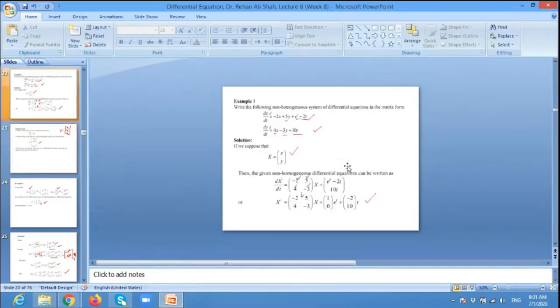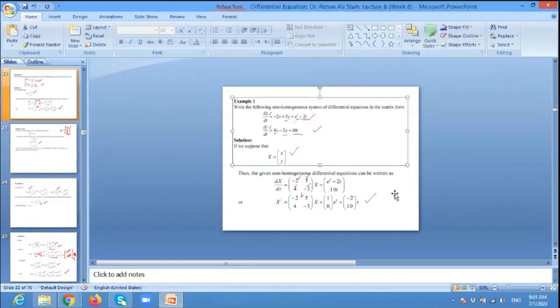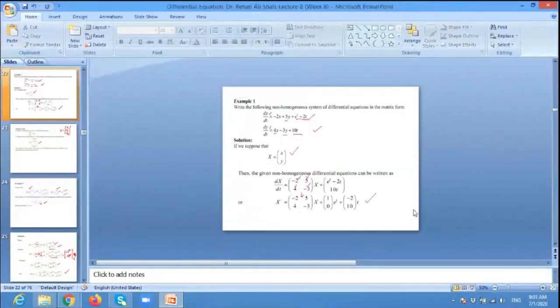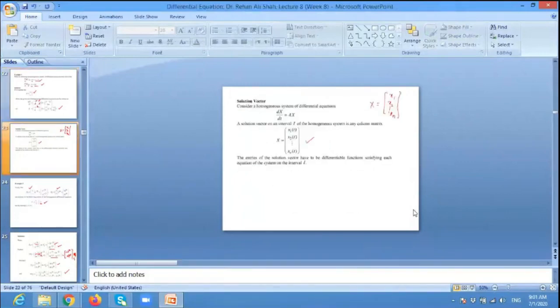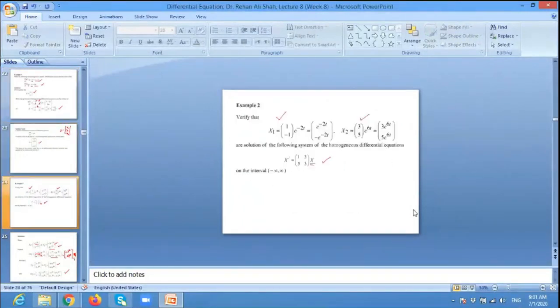This is actually the matrix form of this system. We did not have to solve the rest; we only had to write the system of equations in matrix form.